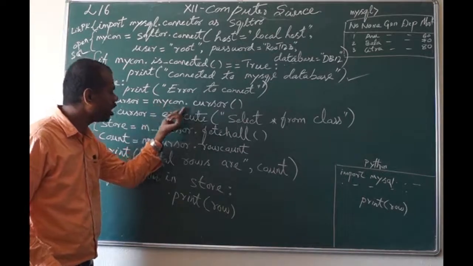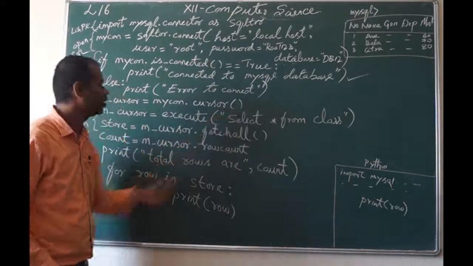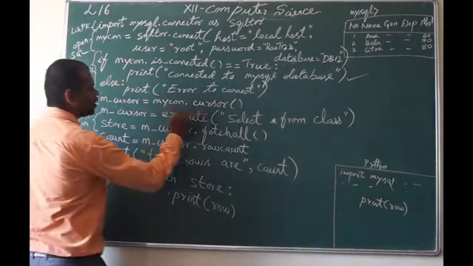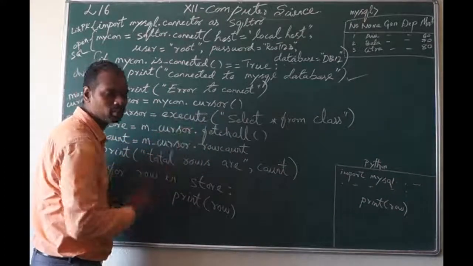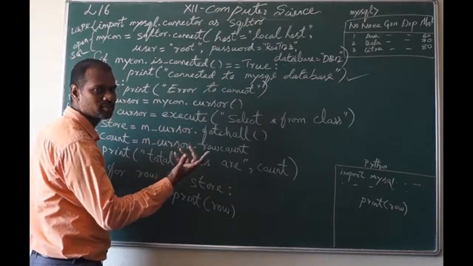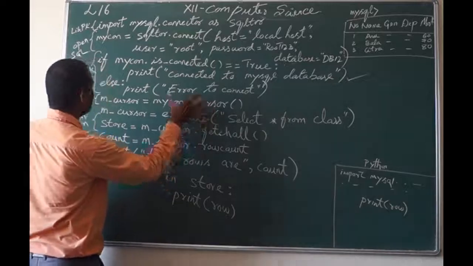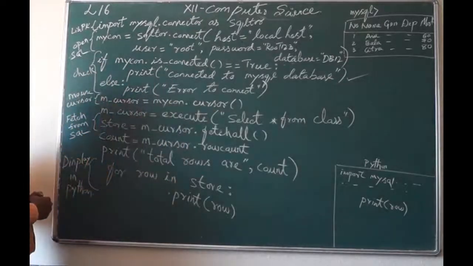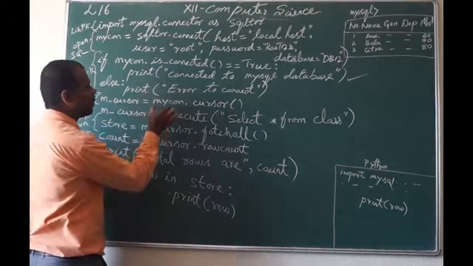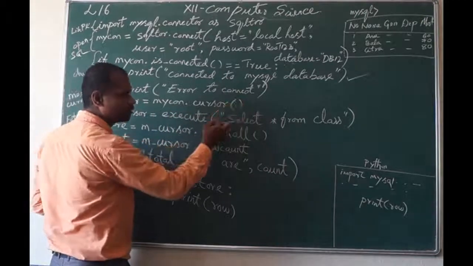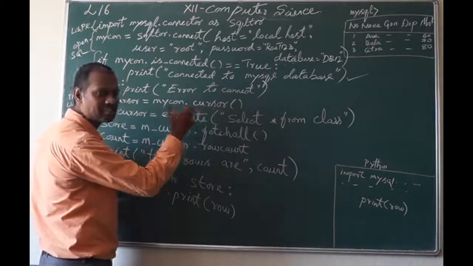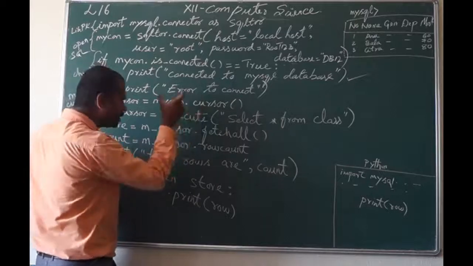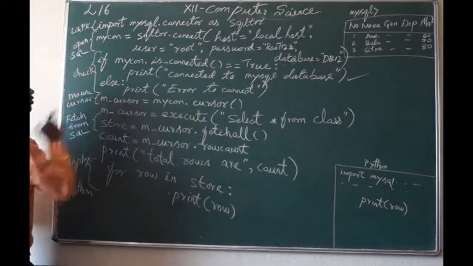So the mycon.cursor function will become a cursor, a mouse cursor, and we are giving that power to m_cursor.